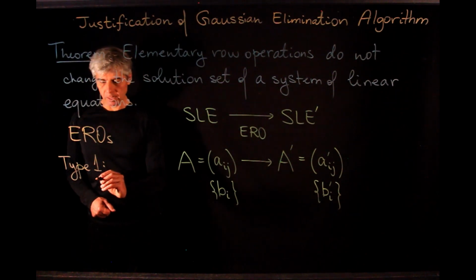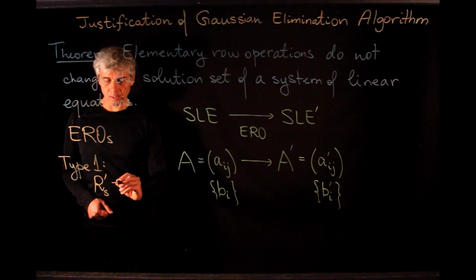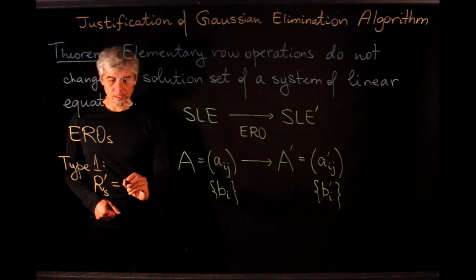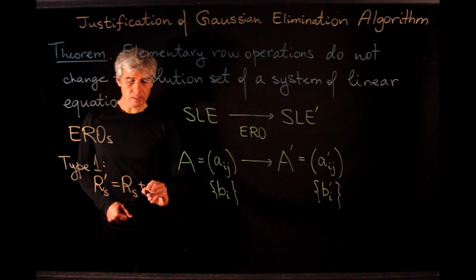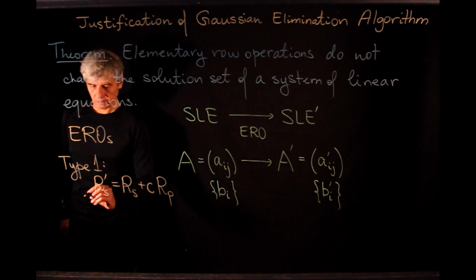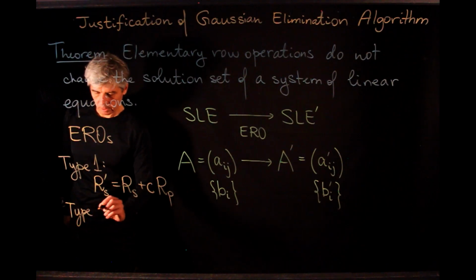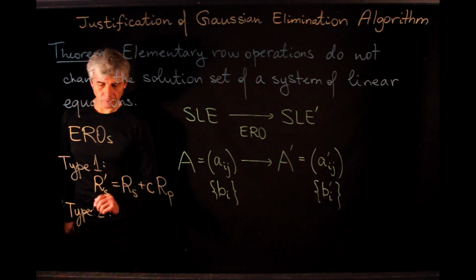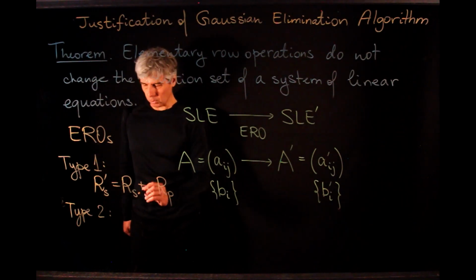Let's say we have row S, and we say that new row S is row S plus a constant times row P. Type 2 elementary row operation is when we take a row and multiply it by a non-zero constant.